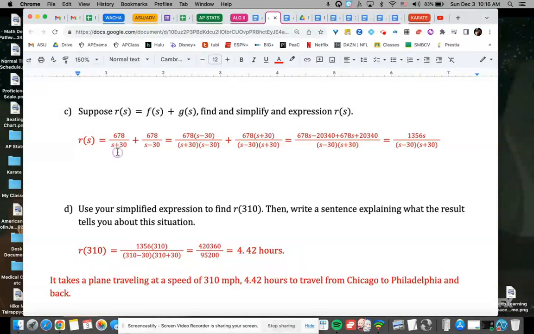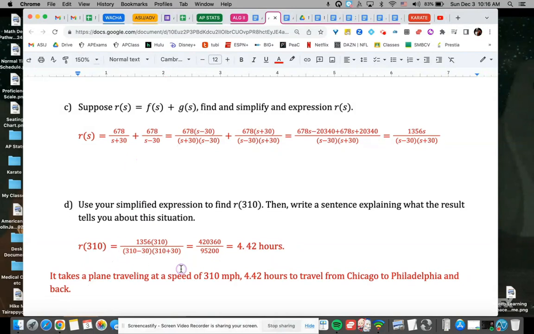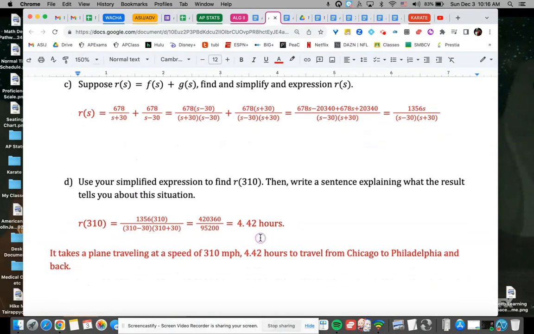And in this case, S was the wind speed, or no, not the wind speed. The 30 is the wind speed. S is the speed of the plane, right? So how fast you're traveling just by the plane alone. Okay, so you input that in, and you end up with 4.42 hours. So what does that equal?